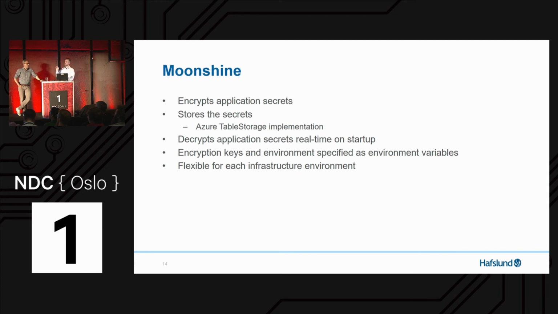Then we can refer to these secrets by an annotation language that we have created in Moonshine. So we never refer directly to application secrets. We refer to this annotation in our config files for our applications. So when we fire up a container containing our code, Moonshine will go directly into the encrypted store and retrieve the values for us and decrypt them with the keys that we provide.